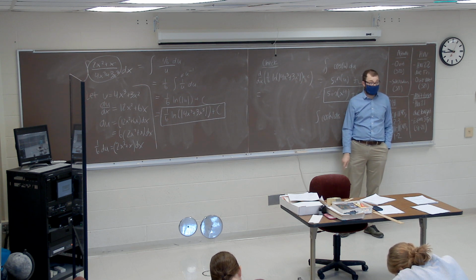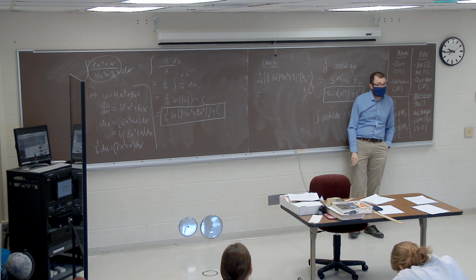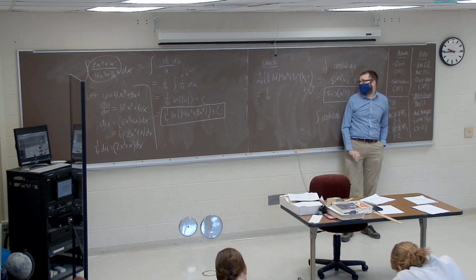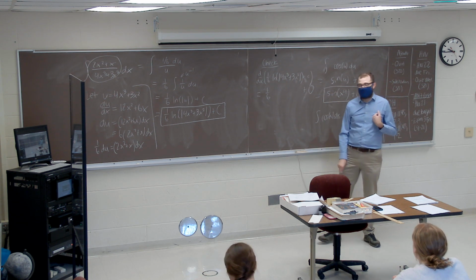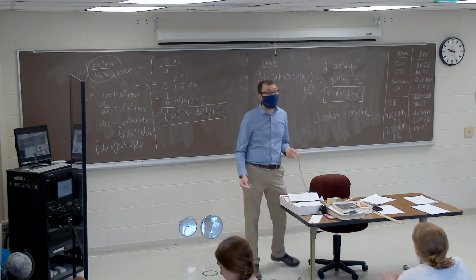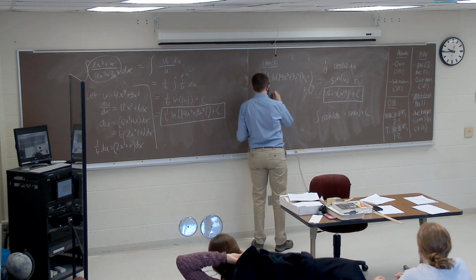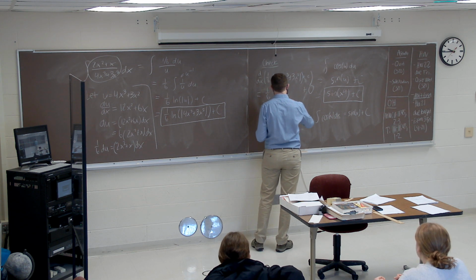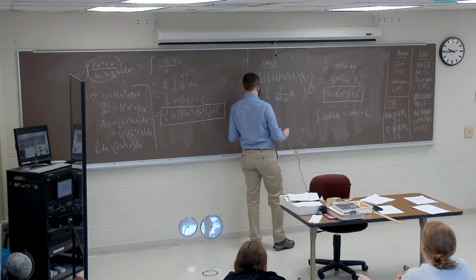Don't worry, I'll do the hard part. Natural log of 4x cubed plus 3x squared. Well, the derivative of natural log of blah, or even the derivative of natural log of absolute value of blah, as we've seen, is going to be 1 over the blah, the stuff inside the natural log, times the derivative of what's inside the absolute value here.